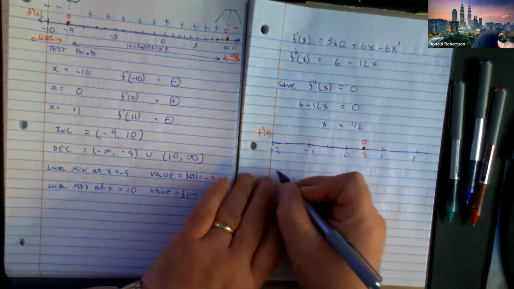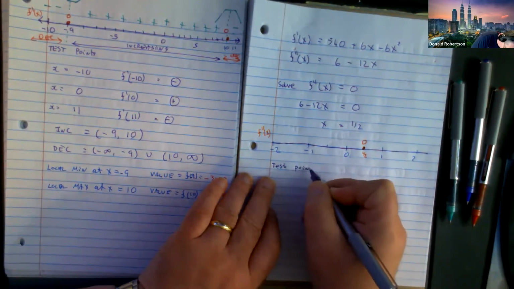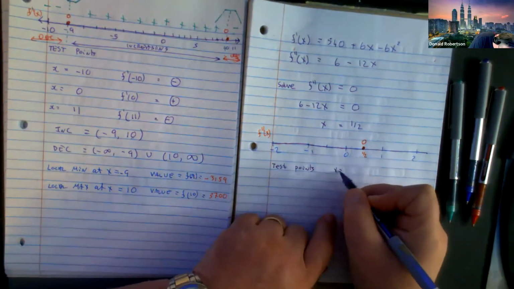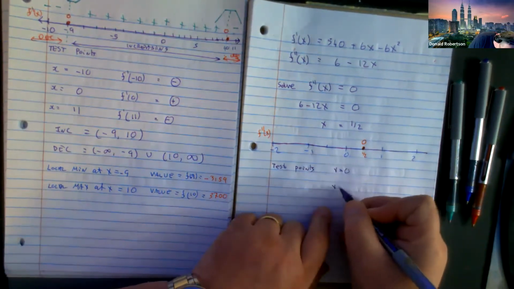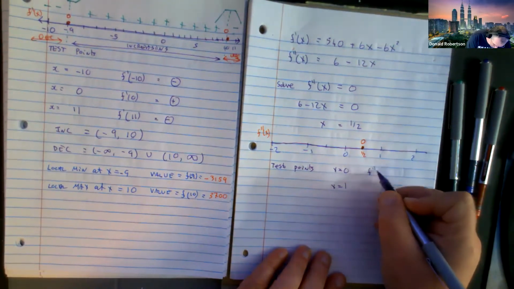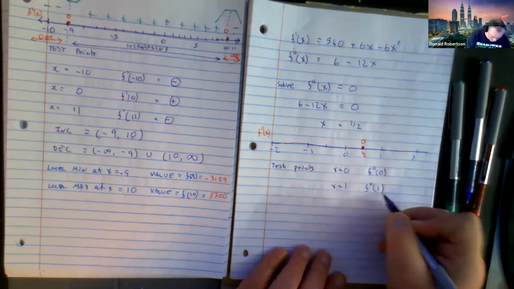And I do, just like before, some test points. And the test points are going to be, I think, 0 and 1, because I have no imagination. And we find the value of the second derivative at 0 and the value of the second derivative at 1.